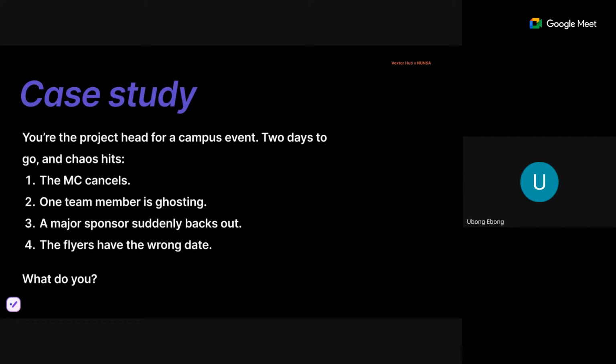Okay, number one, this is the MC cancelling, but I think the major chaos should be that a major sponsor suddenly backs down because they actually need money. Now, from the onset, let's say for instance, as you earlier said, he was initially supposed to support the program with the sum of 500K, but he has already made a down payment of 250.